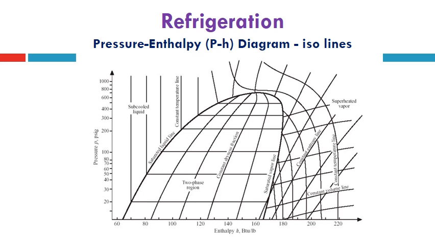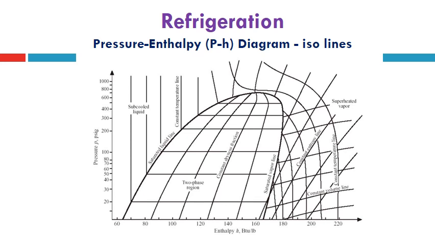in this pH diagram, and constant dryness fraction lines inside the vapor dome. The horizontal line inside the dome between the saturation liquid line and the saturation vapor line corresponds to constant pressure and constant temperature inside the saturation region.